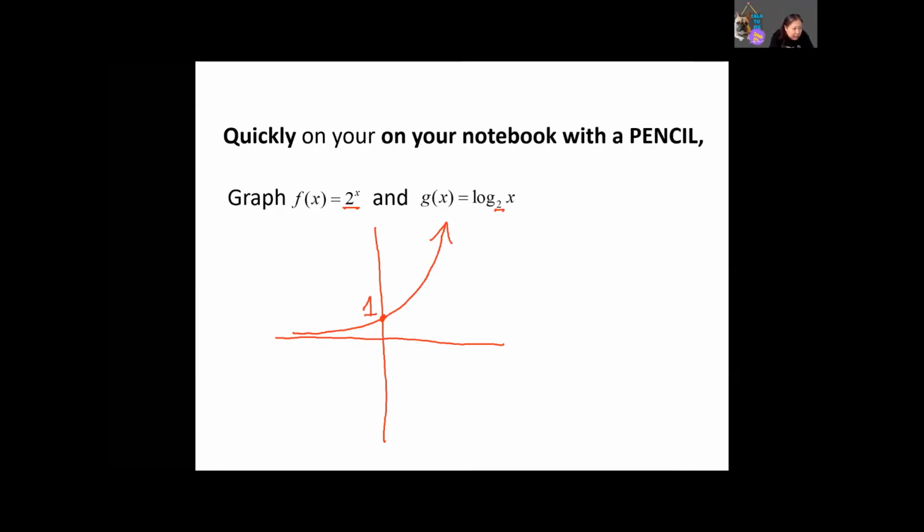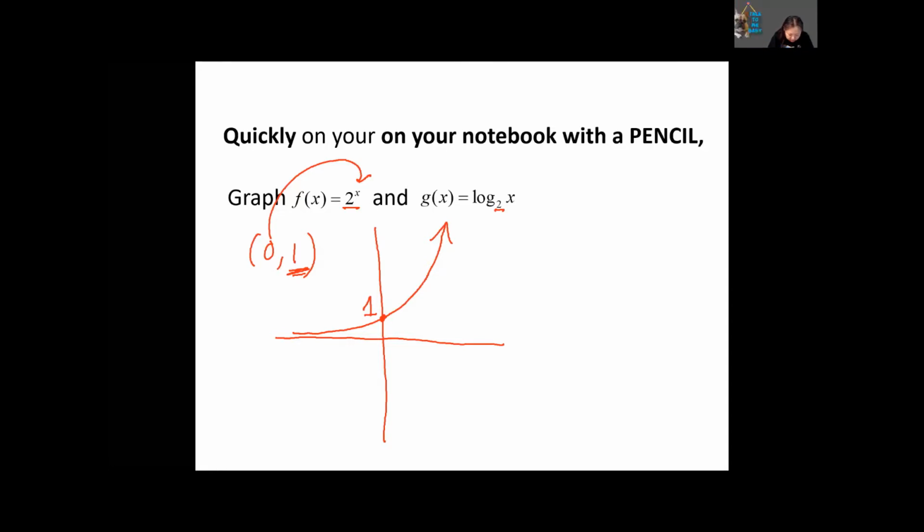This is guaranteed if you don't have any transformation, because this means when x is 0, y is 1. Why do you think this happens all the time? Because a number with a power of 0 is always 1. Yeah, because 2 to the power of 0 is always 1. Great job.